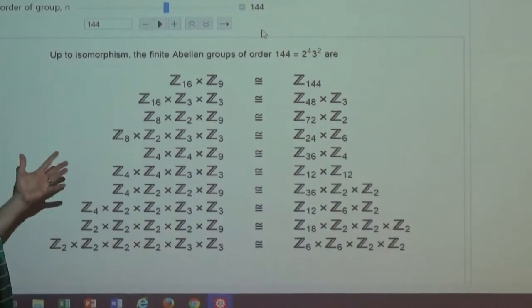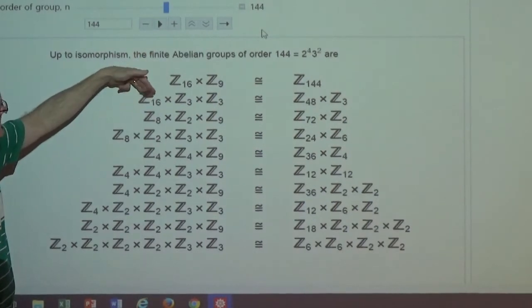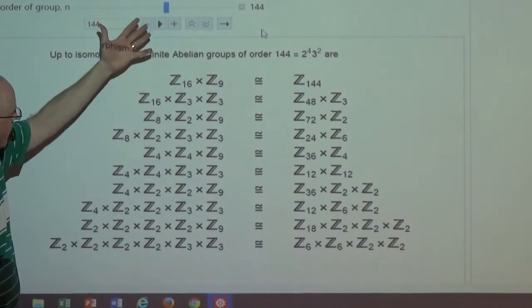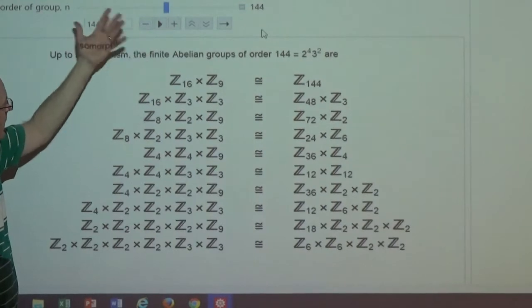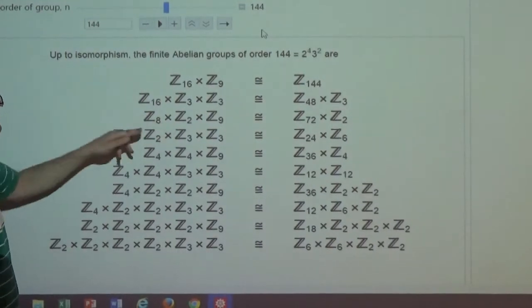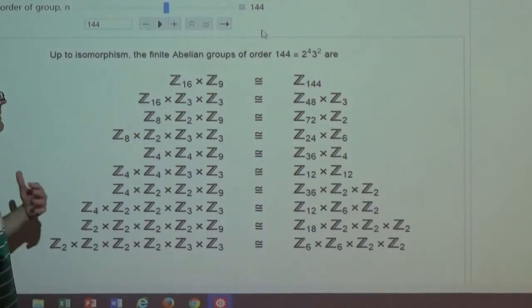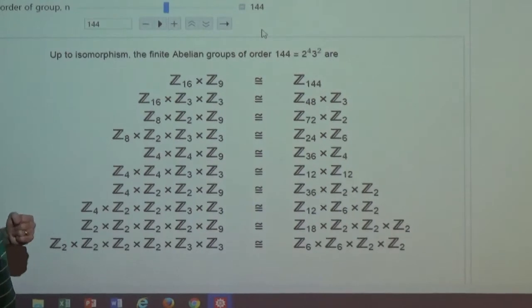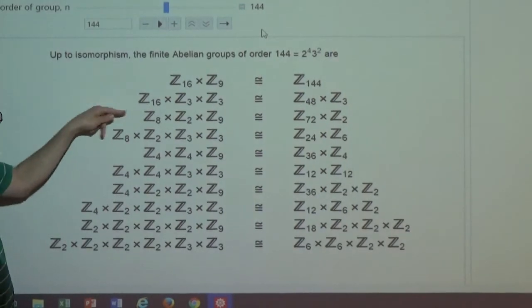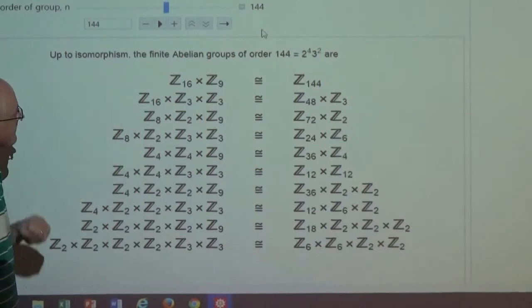And then with the powers of 2, the method here is starting off with Z16 in 2 spots, 2 to the 4th power, corresponding to 4, being one of the partitions of 4. Then in the next 2, you've got an 8 and a 2, 2 to the 3rd and 2 to the 1st. The powers are 3 and 1, corresponding to 3 plus 1, being a partition of 4, occurring again in 2 spots. Here we have 4 and 4 in 2 spots.